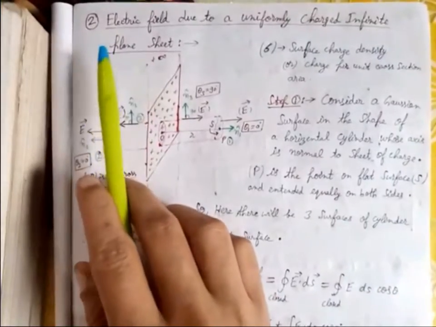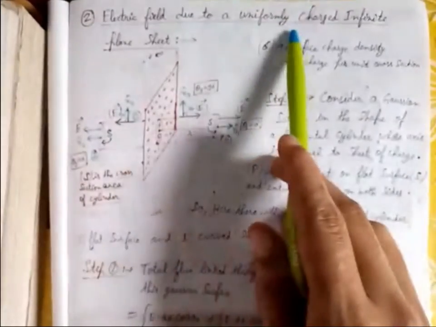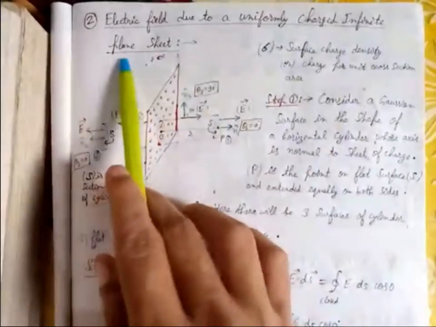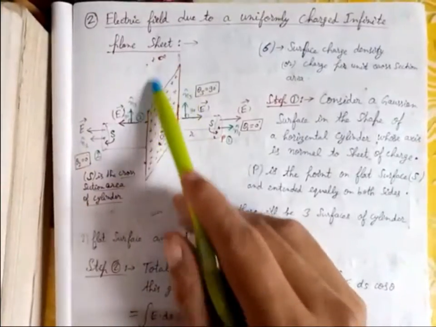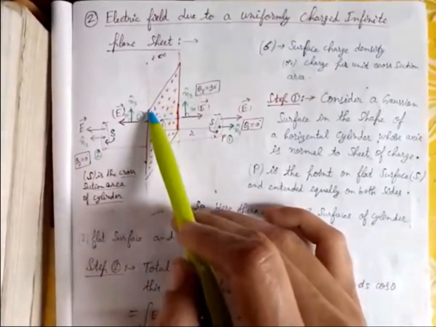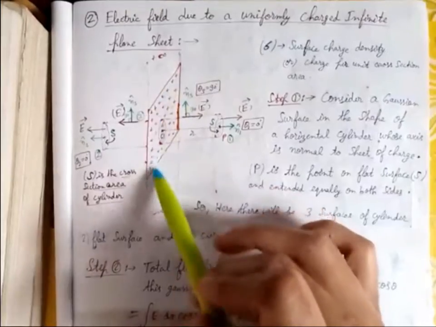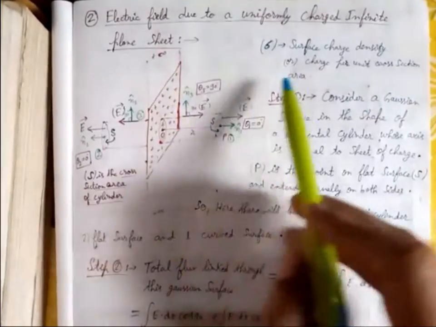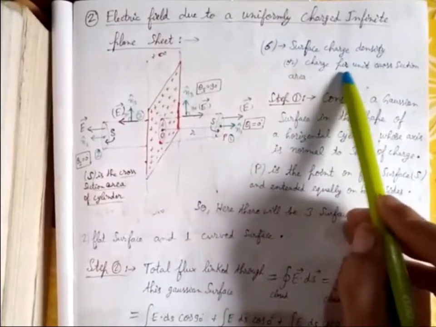Now the second application of the Gauss law is the electric field due to a uniformly charged infinite plane sheet. Now we have considered this infinite long plane thin sheet, and the charge is distributed over the surface of the whole sheet. So this sigma is the surface charge density, or the charge per unit area.